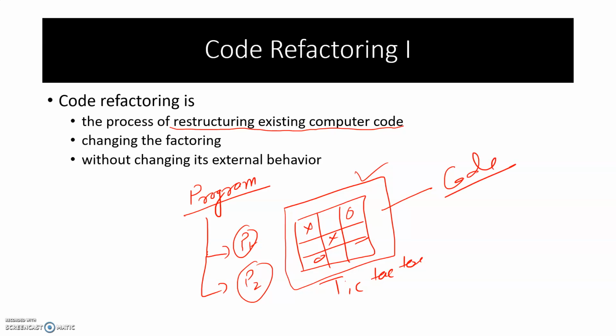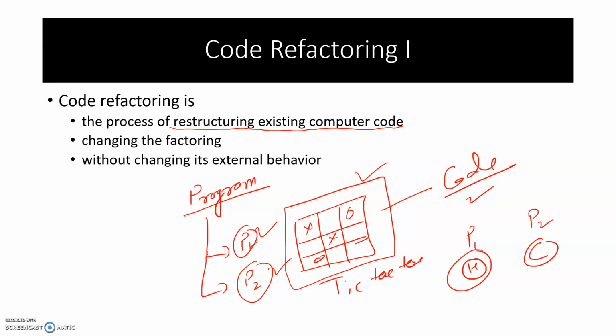What you want as a programmer, you want to change the structure of this programming code. Rather than playing this game between player 1 and player 2, what you want, player 1 will be a human being. On the other hand, player 2 will be a computer.